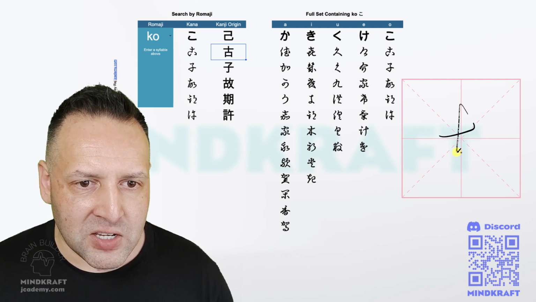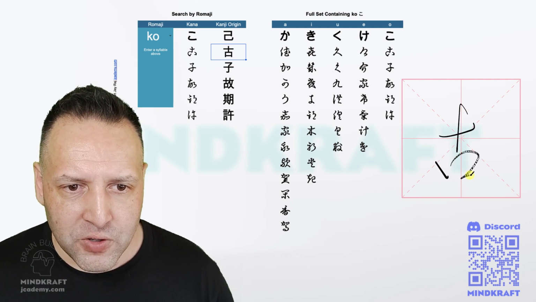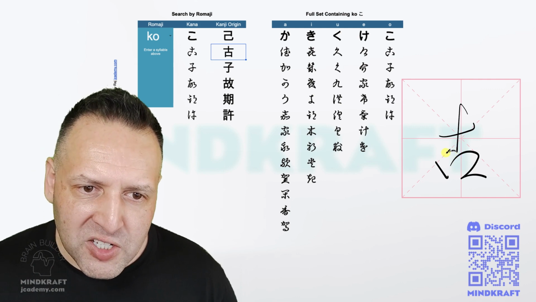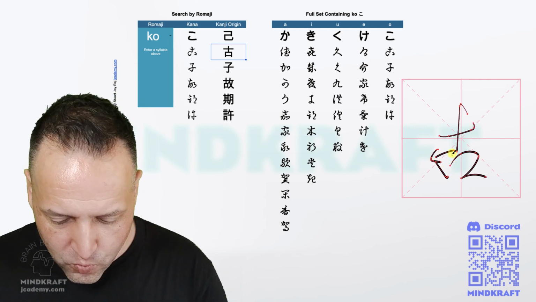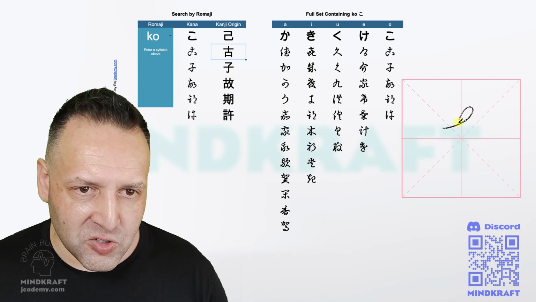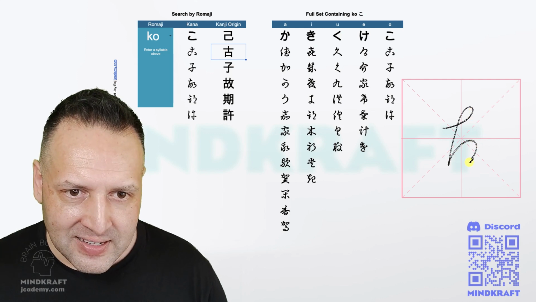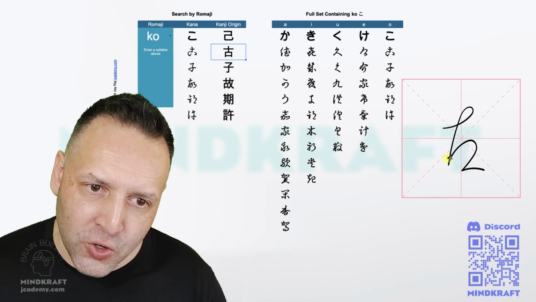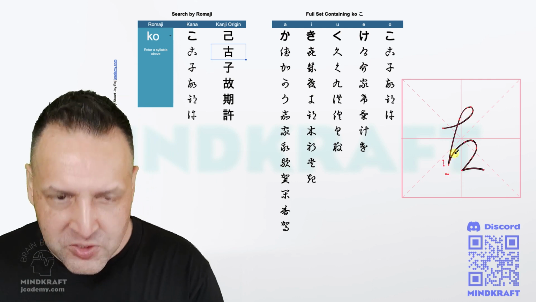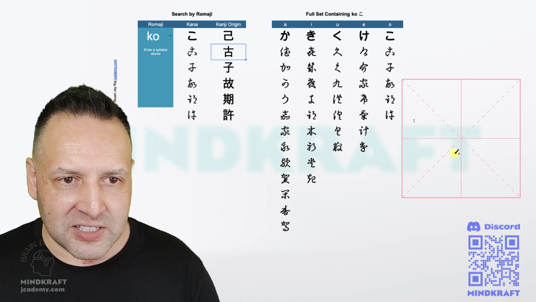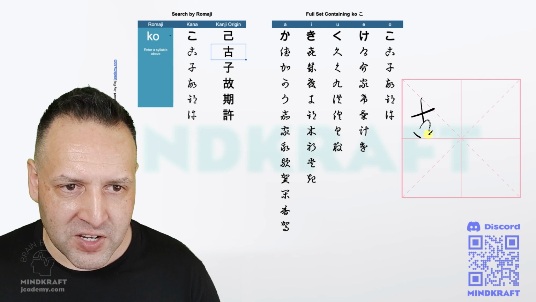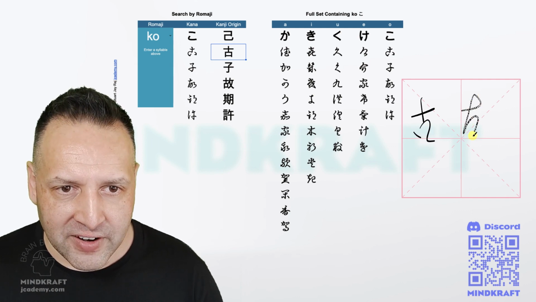And then what happens here, we come across here, go around. But there's a lot of space between there and there. So when you're writing, this normally happens. That comes down, and so that actually joins this portion here. And so this character here turns into this character here.